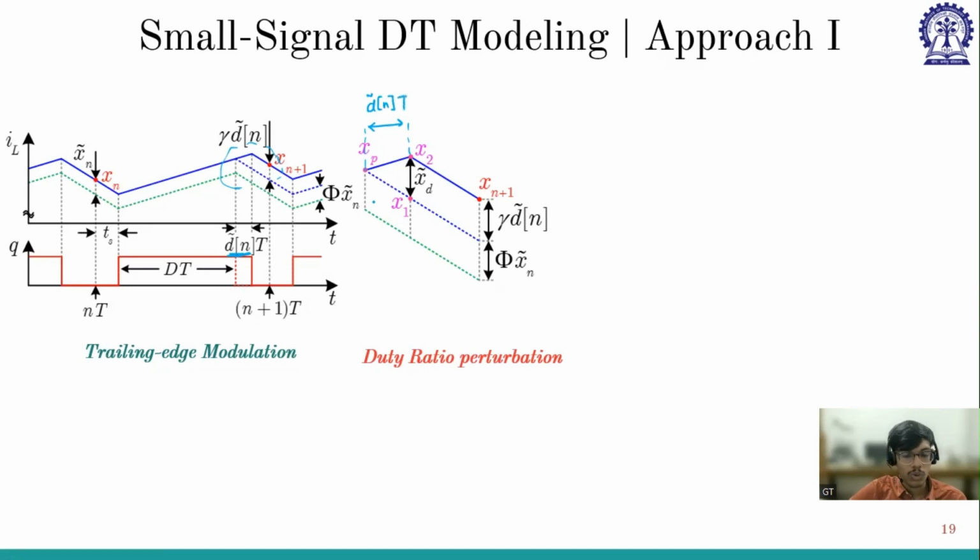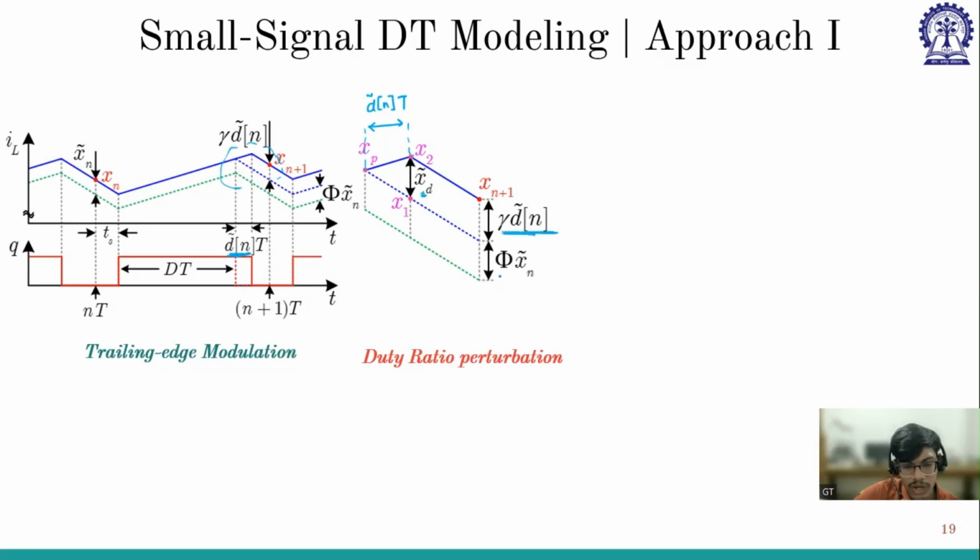Now I want to see, if the duty ratio is changed by d perturb of n, what is my xd? Initially the duty ratio is until this point. Now the duty ratio has increased to this point. So it is turned on for more duration, because of which x2 will be more than x1. First I want to find this xd perturb, and from xd perturb I will get this gamma of d perturb of n.